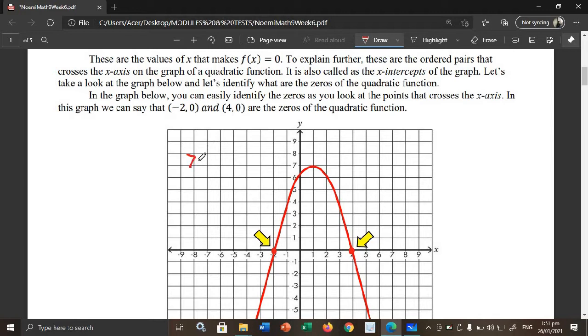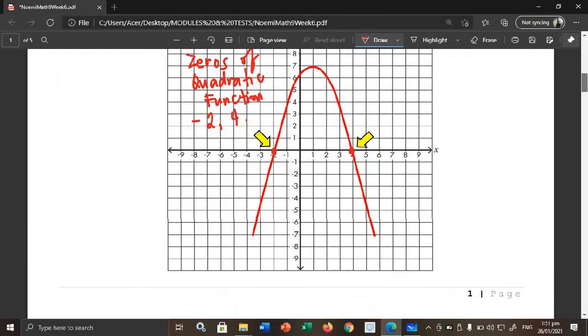So, yung zeros here of the quadratic function, they are -2 and 4, kasi (-2, 0) and (4, 0), they are the x-intercepts of the graph. And as I was saying a while ago, zeros and x-intercepts, they are just the same.